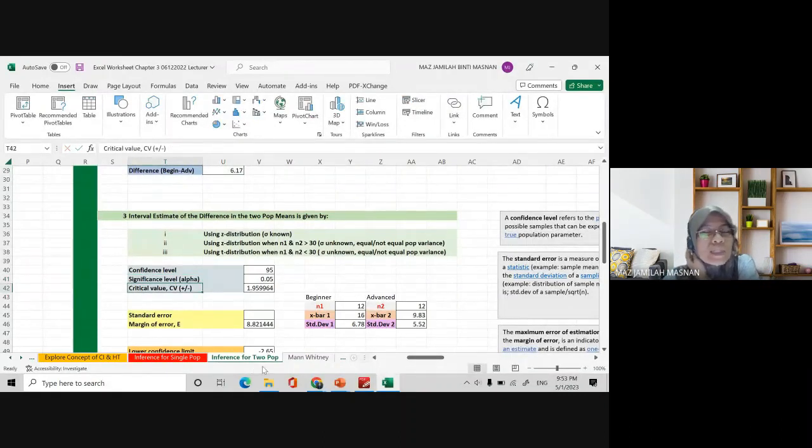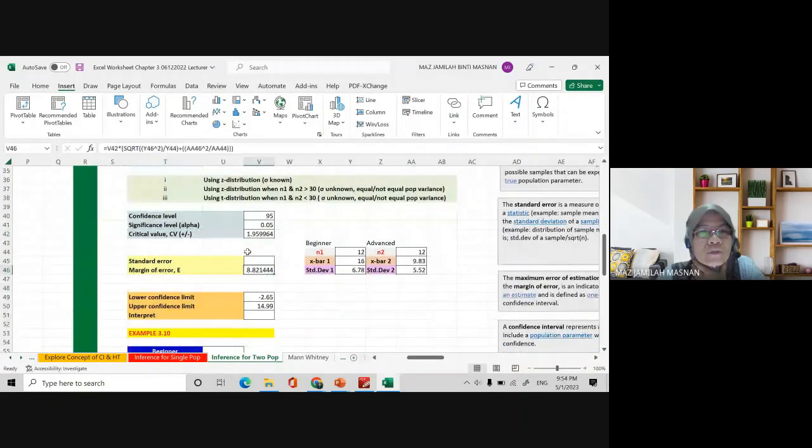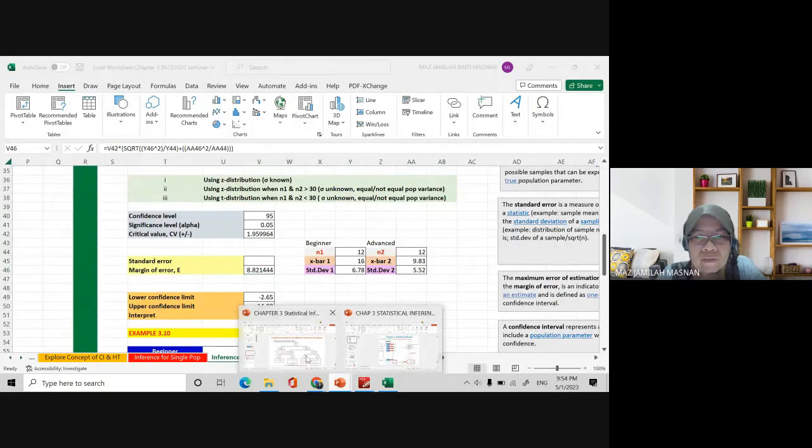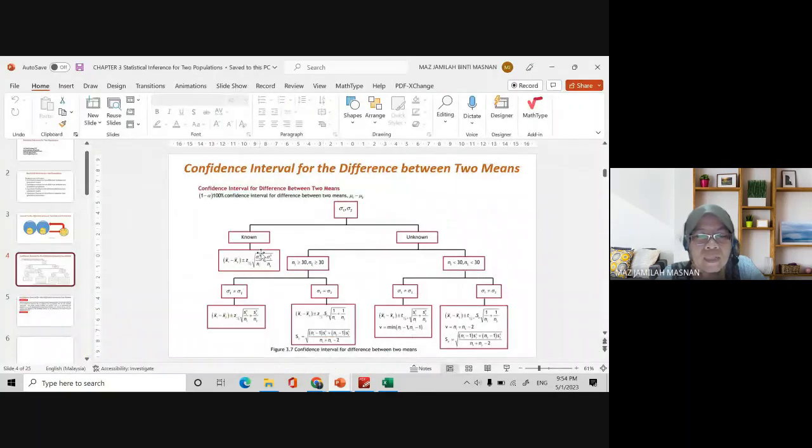So assuming that this is a small sample size, in this case we are calculating the margin of error. So V is referring to what just now?